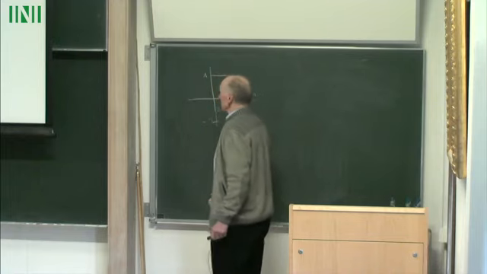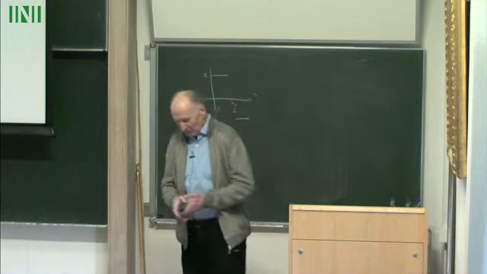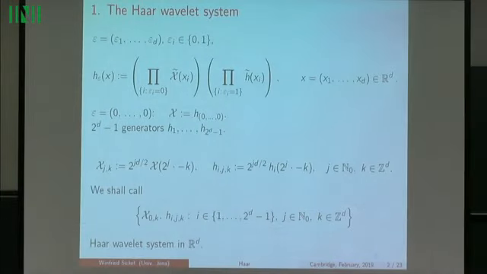Let me use the terminology from wavelet theory. The function h tilde here is just this function, the Haar wavelet. And the Haar wavelet is a wavelet associated to the scaling function given by the characteristic function of the interval [0, 1), which is denoted by this chi with tilde.